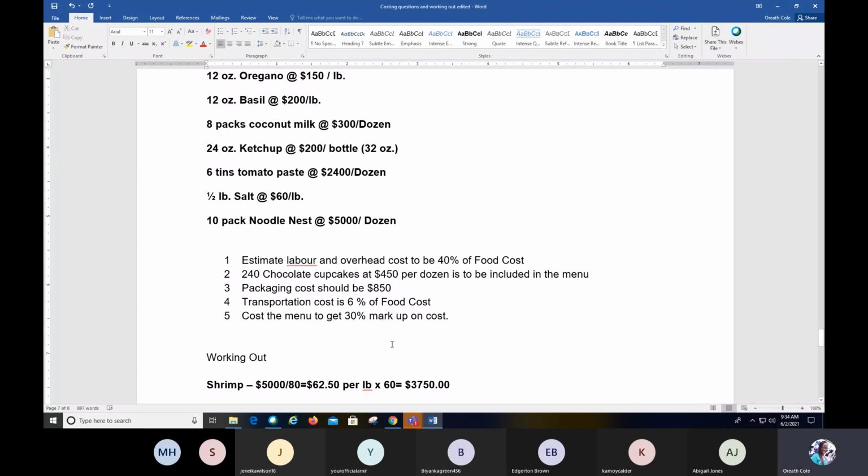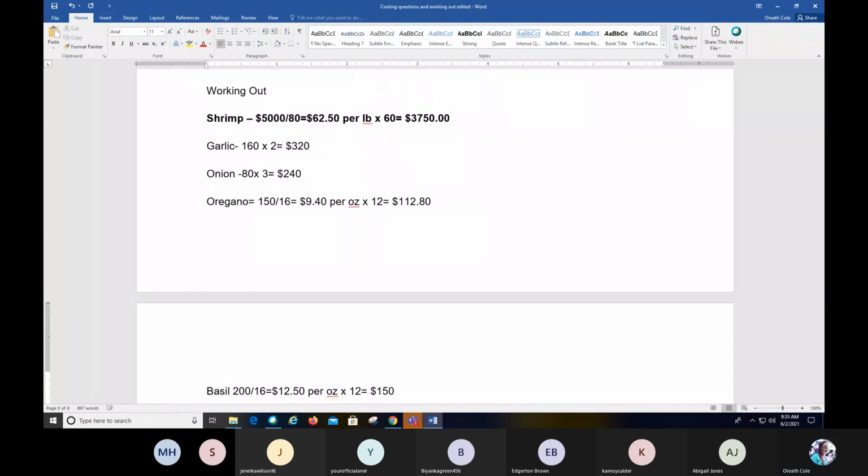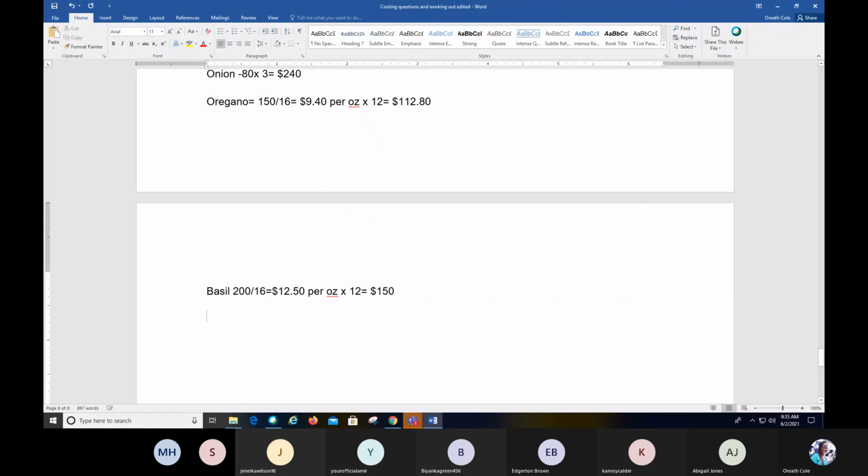Yes, thank you. So it's the 300 now divided by the 12. How much does that give us? Because we want to find out how much for one pack first. $25.